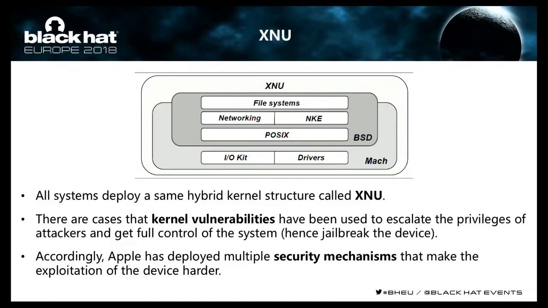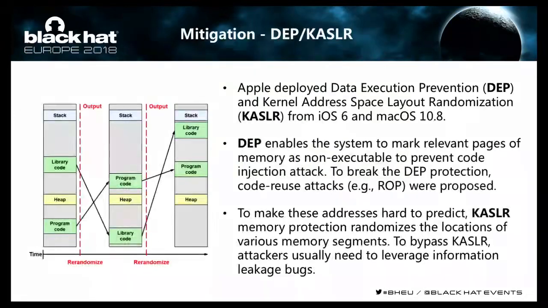Accordingly, Apple has developed and deployed multiple security mechanisms that can make the exploitation of the device harder. For instance, Apple deployed DEP, also known as Data Execution Prevention, and KASLR, also known as Kernel Address Space Layout Randomization, for iOS 6 and macOS 10.8.